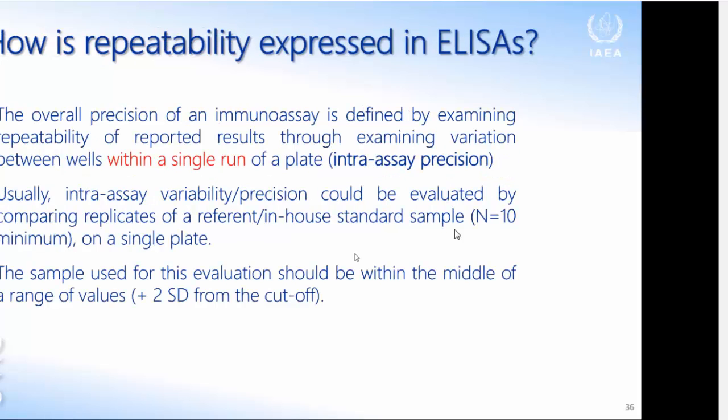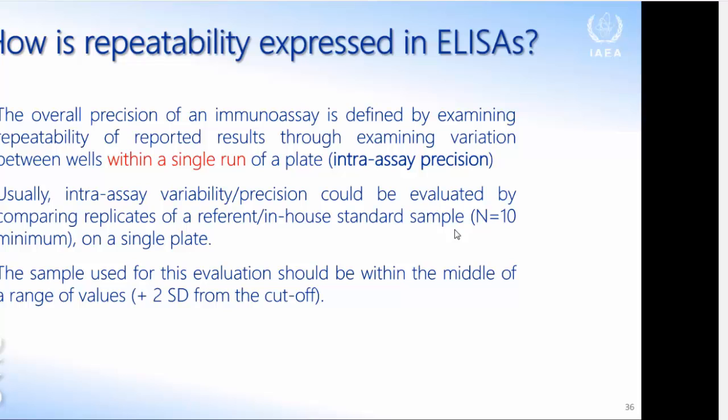The overall precision of an immunoassay is defined by examining repeatability of reported results through examining variation between wells within a single run of a plate. This will give us the intra-assay precision, as we said previously, or an assessment of the repeatability of an assay.